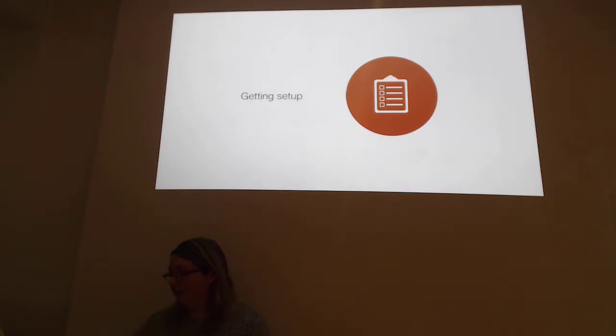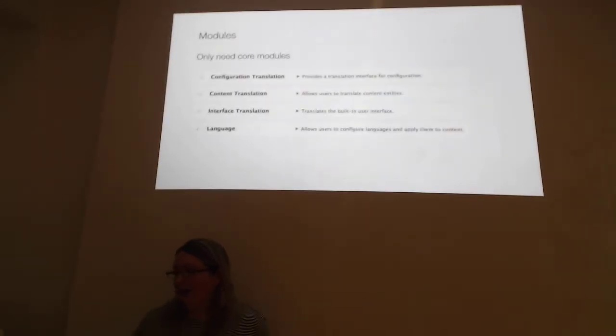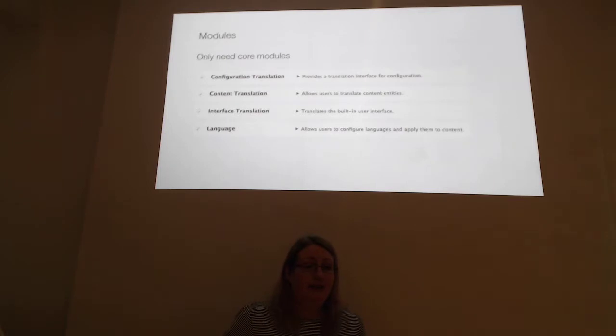First, getting set up. These days in Drupal 8, you just need 4 modules. In Drupal 7, you needed I18N and all these other modules to make it work. I have yet to do a site where I don't need all 4. You need the language module to first give you the ability to have more than one language on the site. That's straightforward.